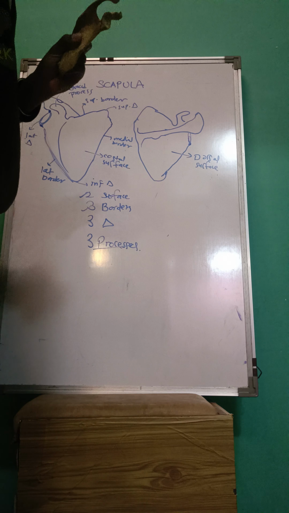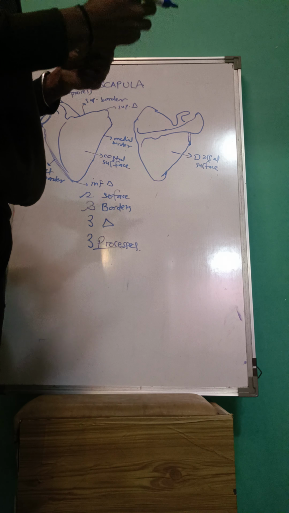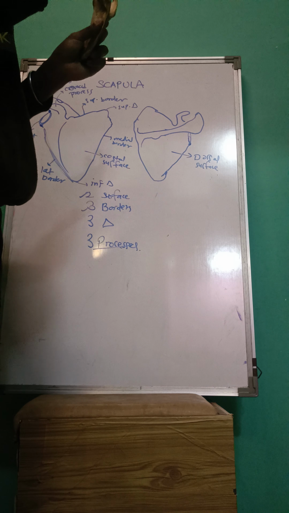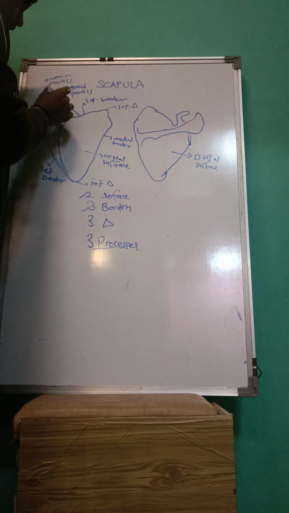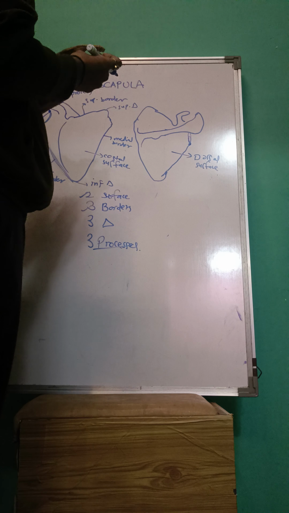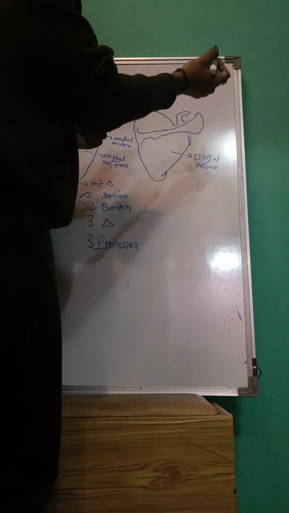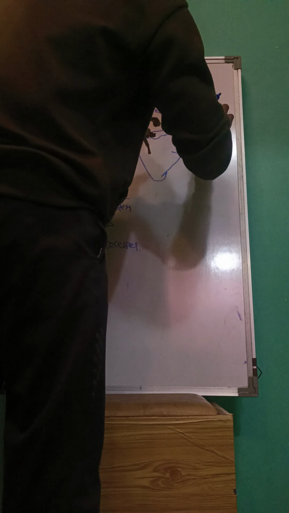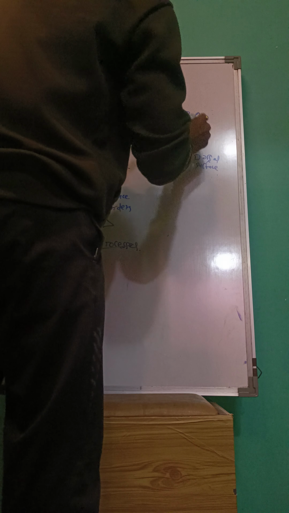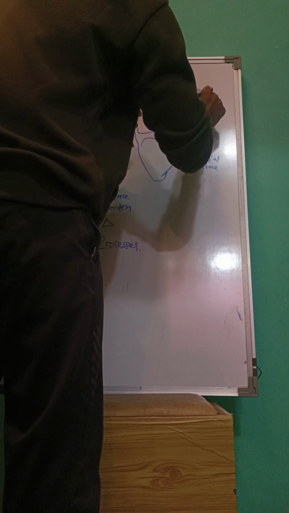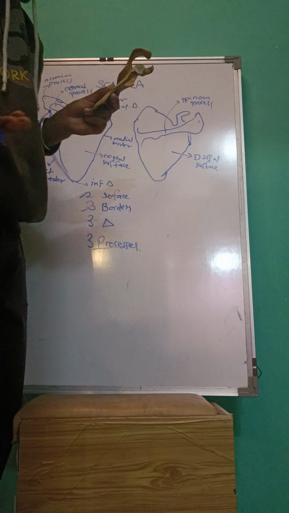It contains a facet for articulation with the clavicle to form the acromioclavicular joint. And one more process is the spinous process, present on the dorsal surface. So this is the acromion process, and this is the spinous process or spine of the scapula.